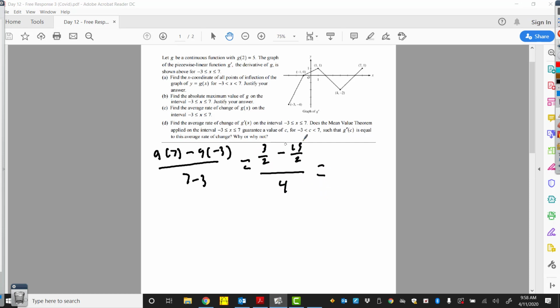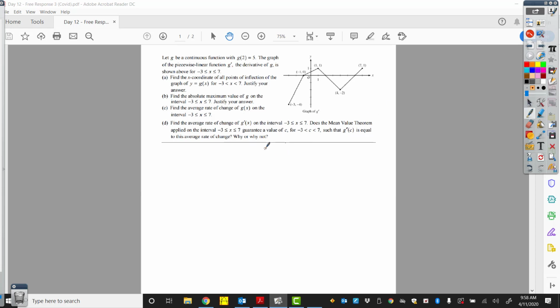And so then we just simplify. 3 minus 15 gives us -12. -12 over 2 gives us -6, so -6 over 4, or in other words, -3 over 2. So that's the average rate of change. Pretty easy. 2 points here: 1 for setting up the average rate of change correctly, and 1 for the answer.